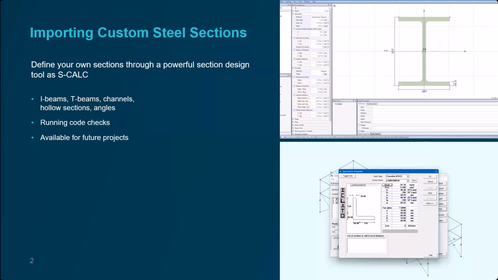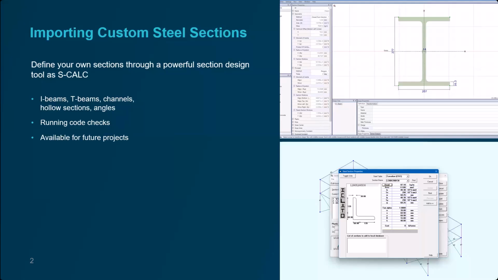You can design any kind of section you are interested in, but when we're talking about running some code checks and getting more good use of what we design, it's important that we have our sections in the shapes of I-beams, T-beams, channels, hollow sections, and angles.